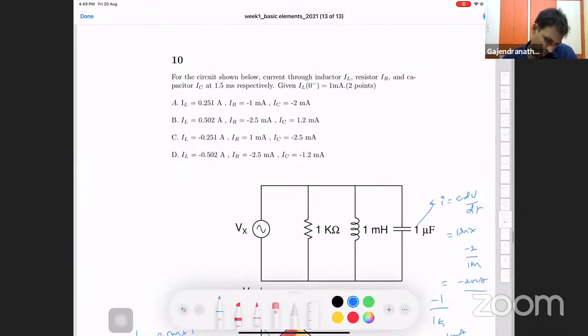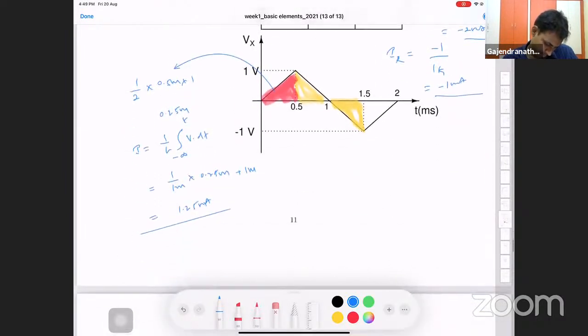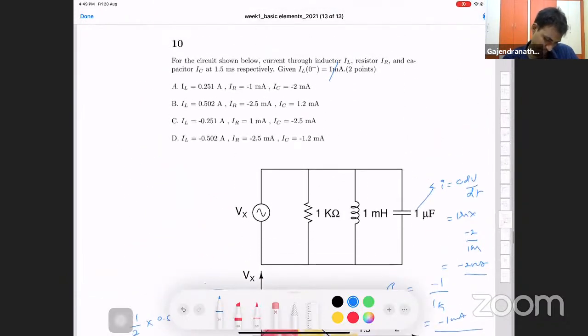I'm sorry, I think this should be written as 1 amp. The dimensions match, units match. Okay, so this is how you have to solve it.